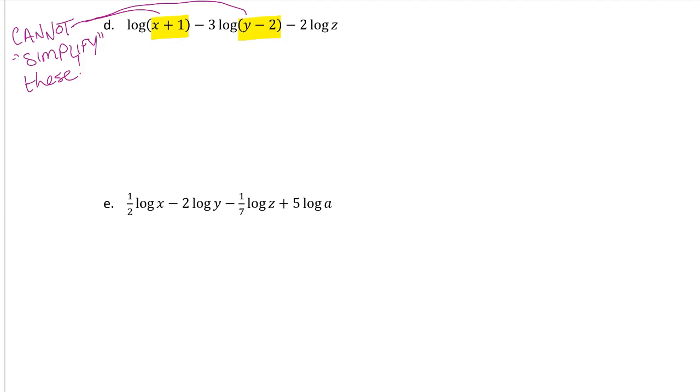But I can still use my quotient law piece. So basically all of this over here is going to be in the denominator.